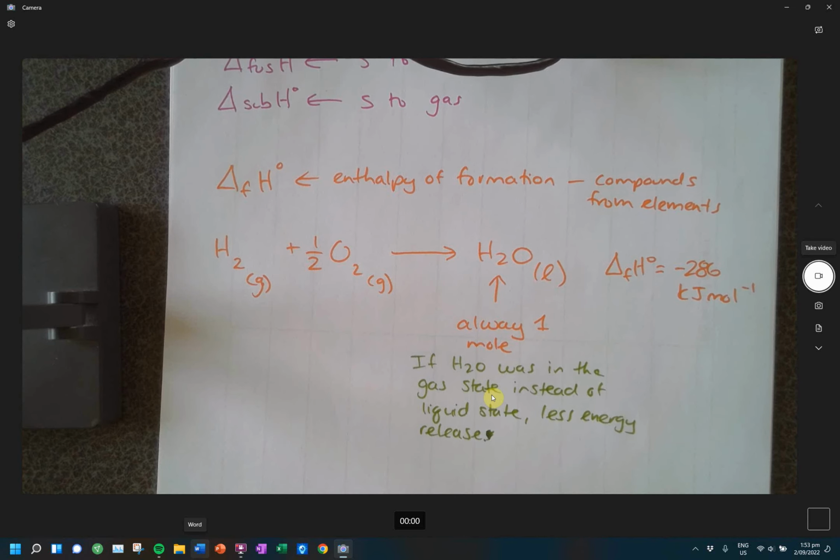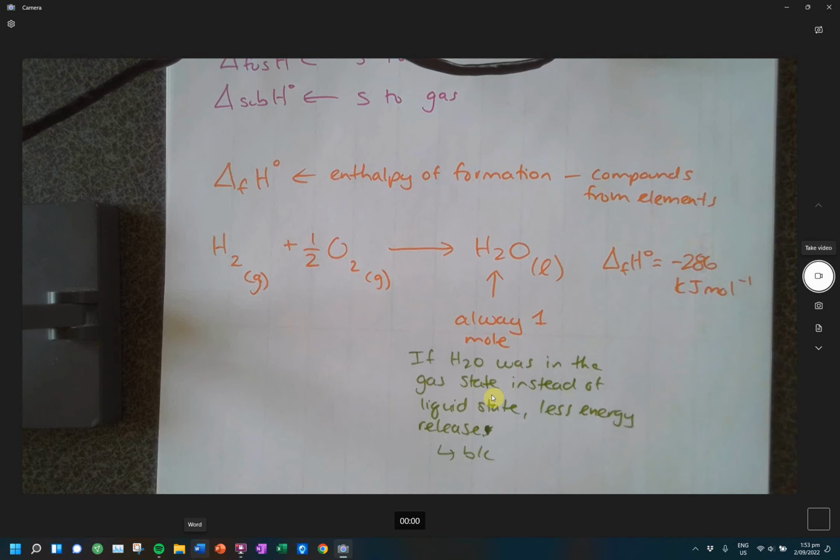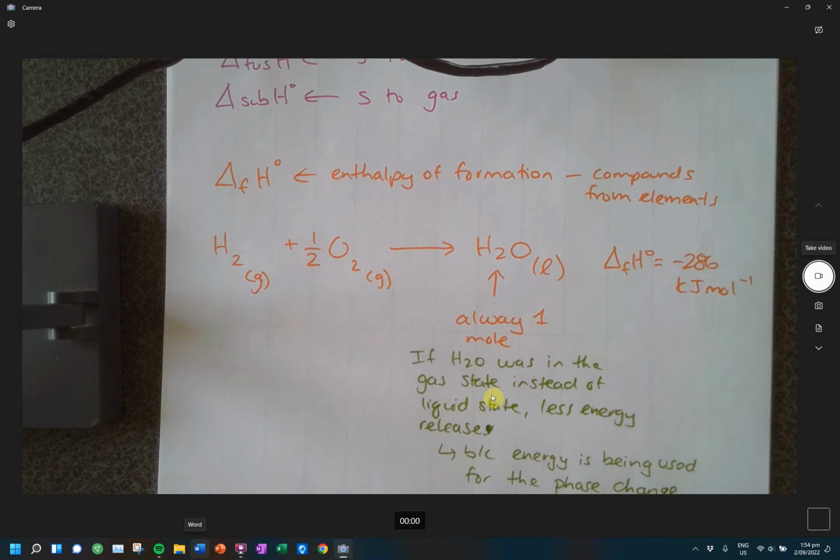The reason is that some of this energy needs to be used to break the intermolecular bonds for the phase change. That's why it's less.